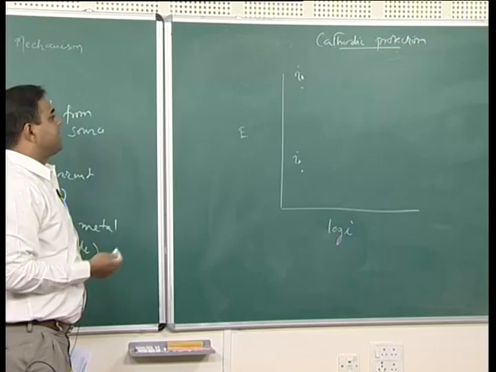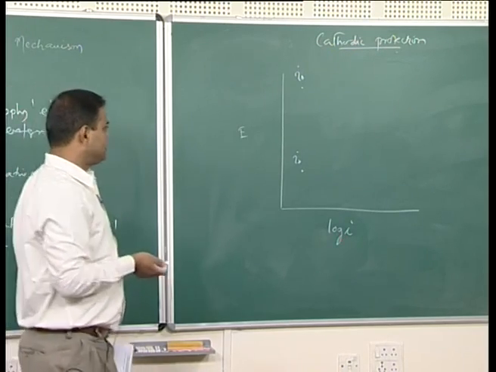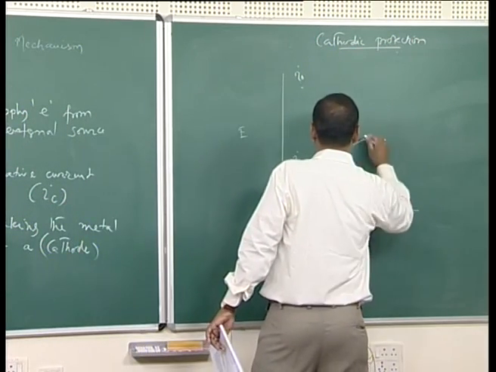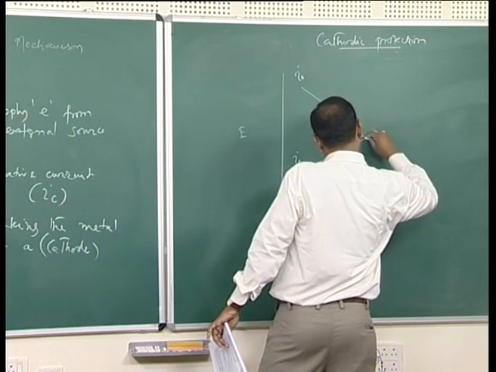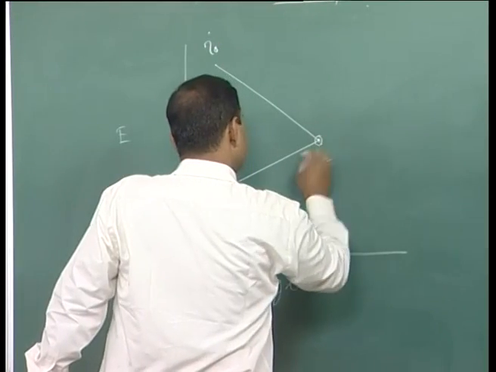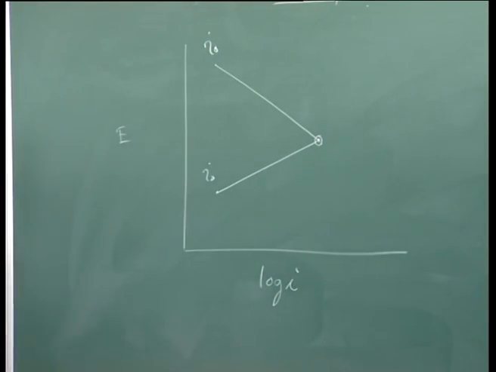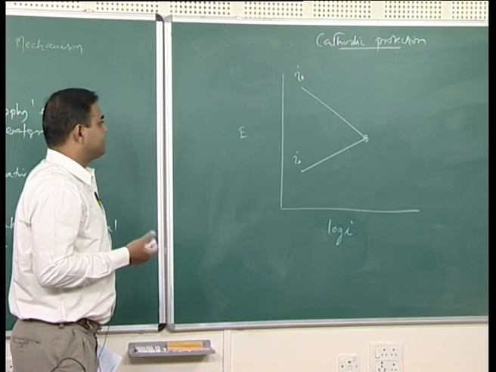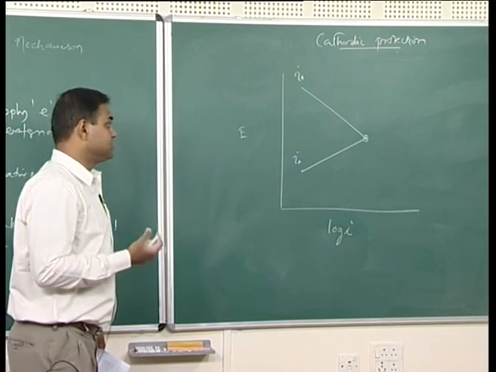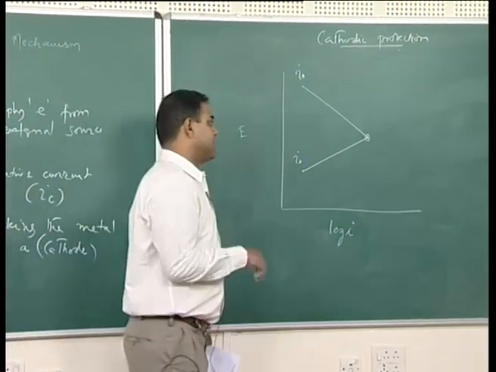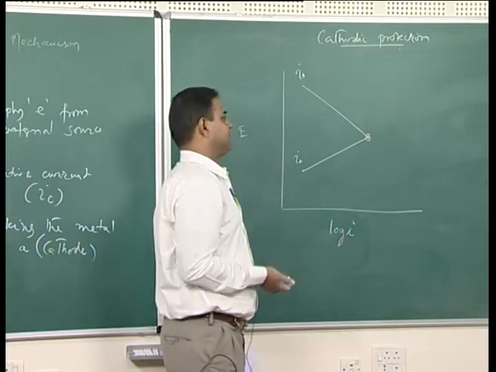Let us say the cathodic reaction is hydrogen evolution. So, we have to find out the new point where the rate at which electrons are generated because of anodic reaction will be equal to the rate at which those electrons are getting consumed because of cathodic reaction happening on that metal surface.